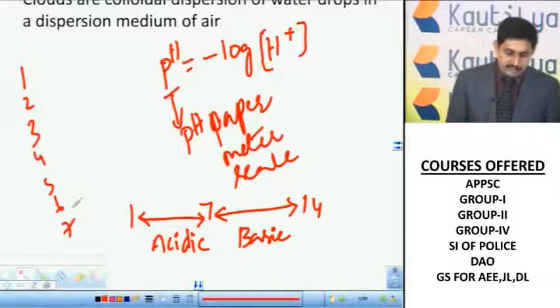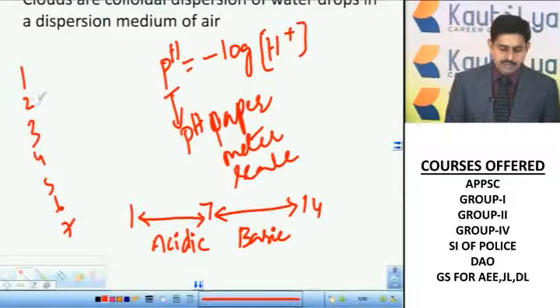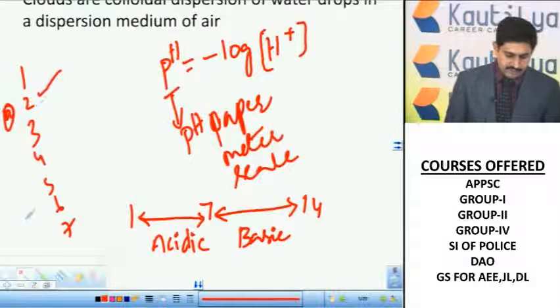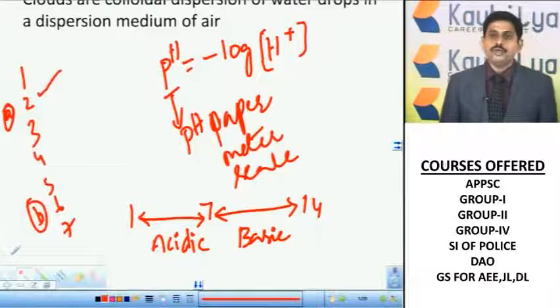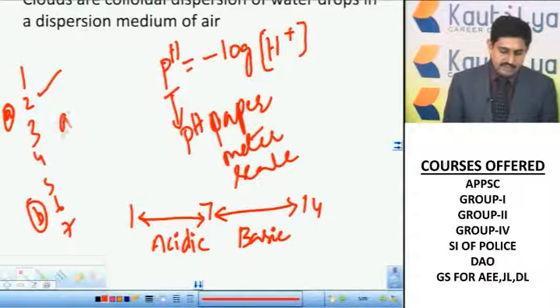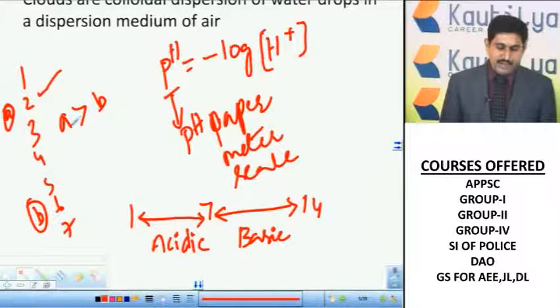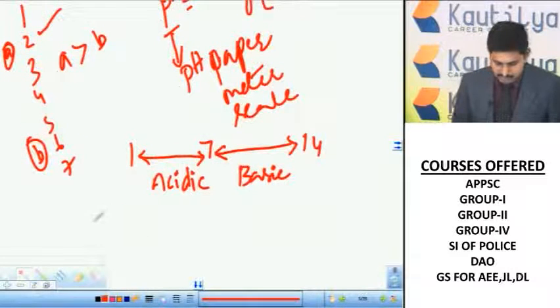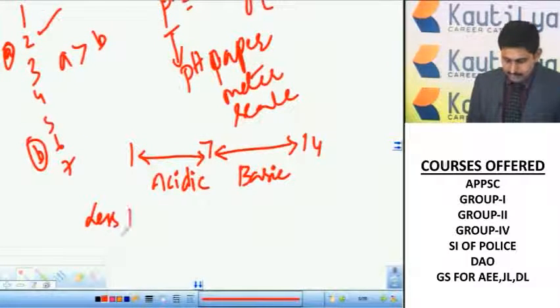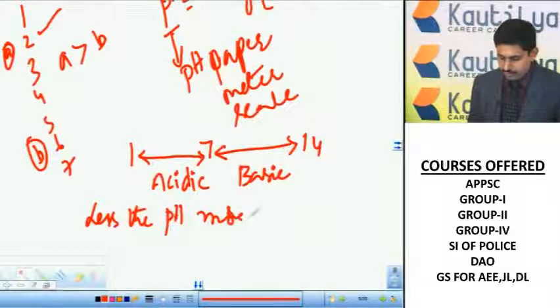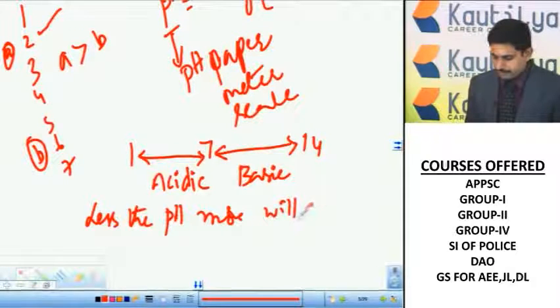Say for example solution A has pH 2 and solution B has pH 6. Which one is more acidic? A is more acidic than B, right? So lesser the pH, more will be the acidic character.